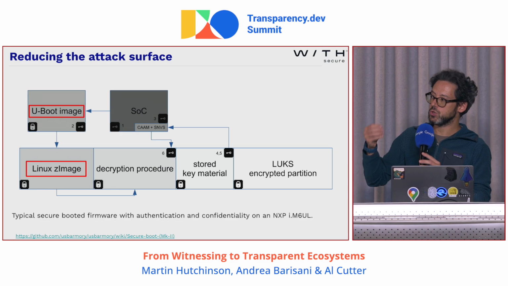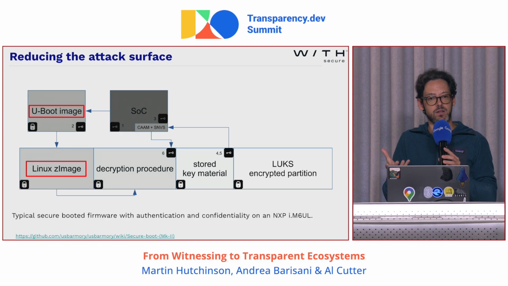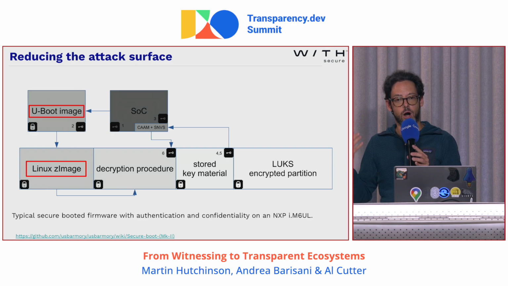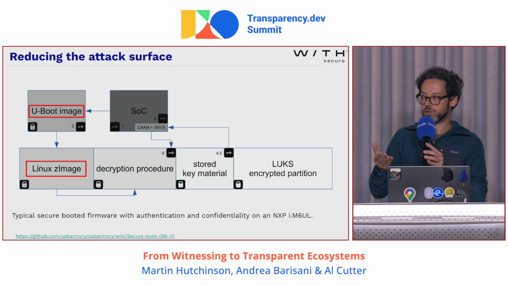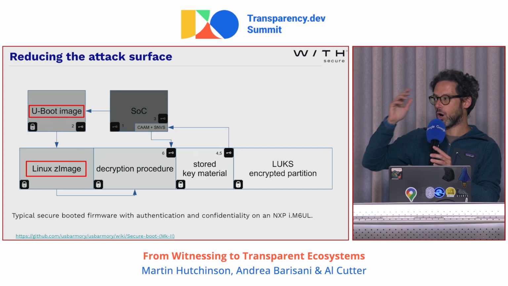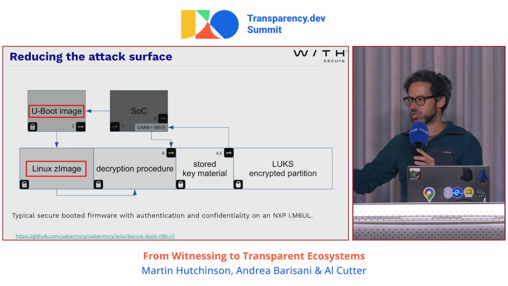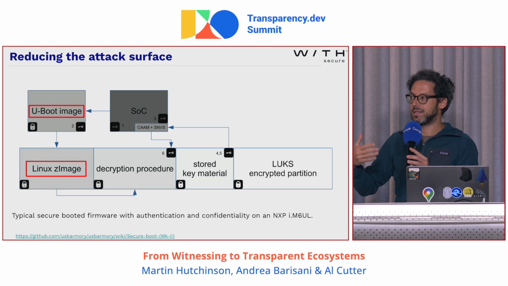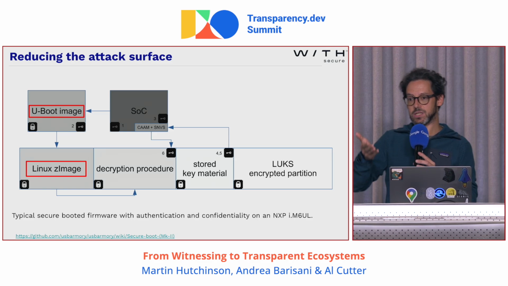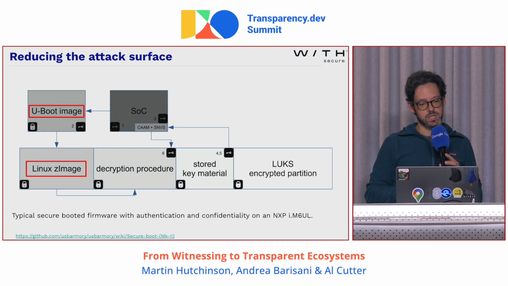And of course, when you need to maintain the chain of trust on an embedded device, that's the first part that you're going to attack, because the hardware will authenticate the bootloader, but if for some reason you can exploit the bootloader's parsing of the Linux kernel, of the flash contents, of the signature, then if you broke the chain of trust, you can get access to this secret which is present on the system.